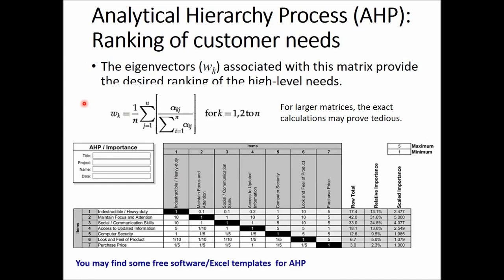There are some software tools available to do this AHP process, and there are some Excel templates also you could download from the web. So just search for tools if you are interested, so that you could use these templates when you do your exercises on this.